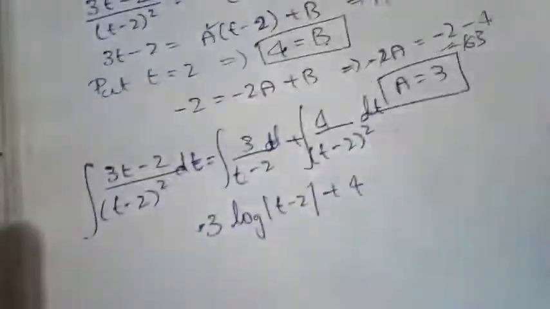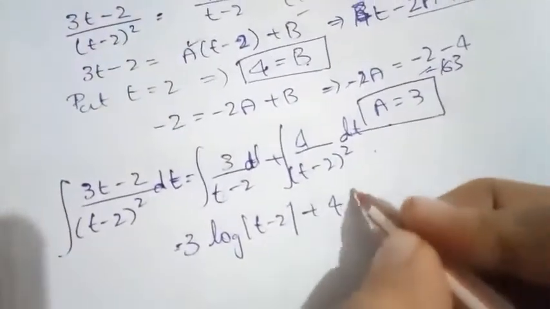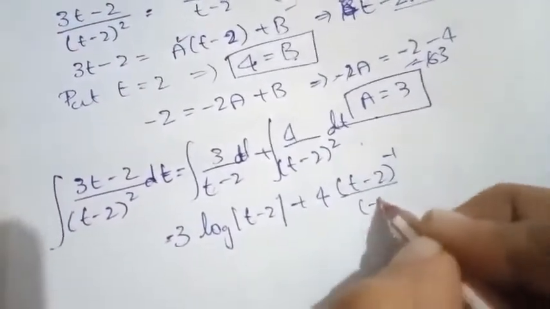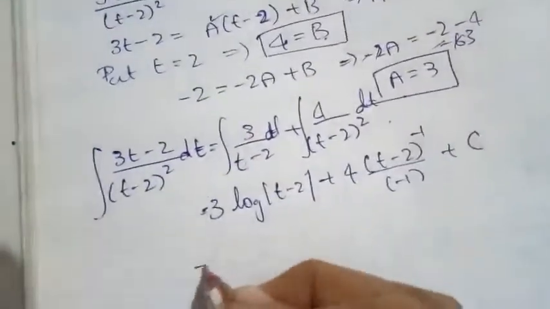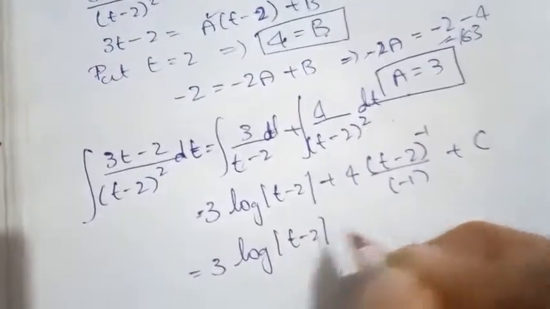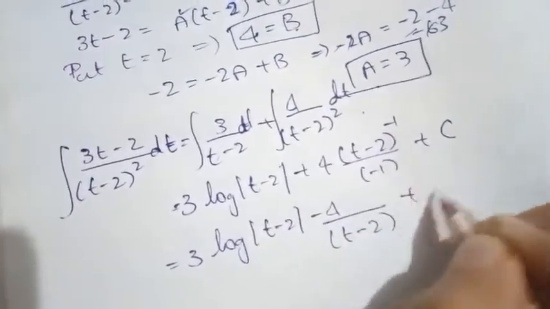Then the constant 4 is taken outside. dt divided by (t minus 2) whole square is nothing but (t minus 2) to the power minus 1 into minus 1, plus c. That is nothing but 3 log mod t minus 2 minus 4 divided by t minus 2 plus c.